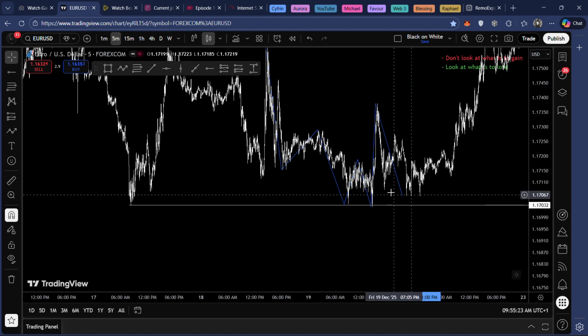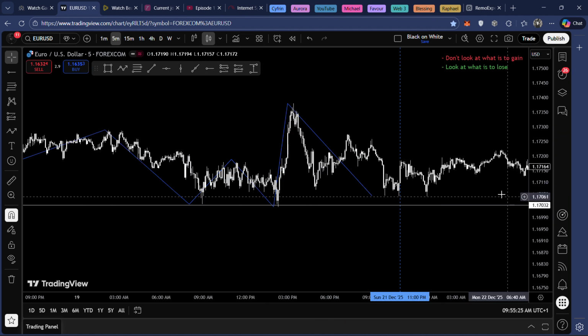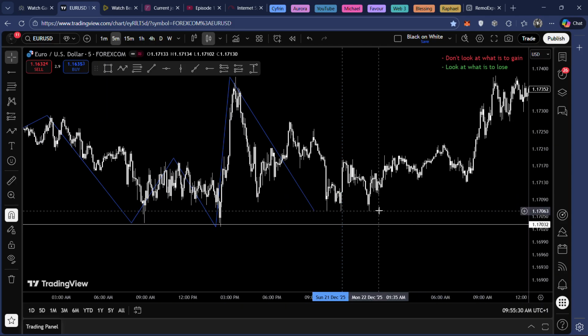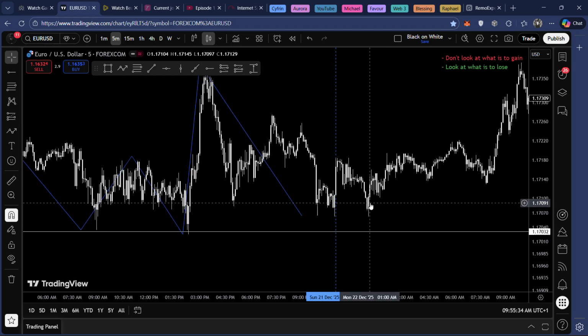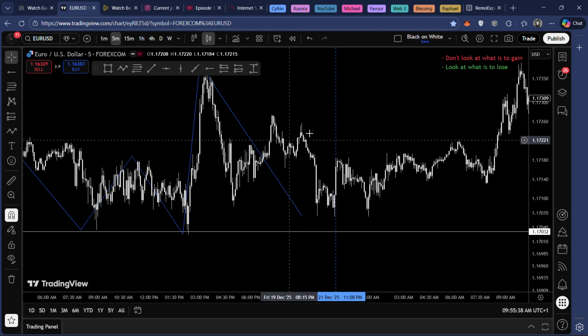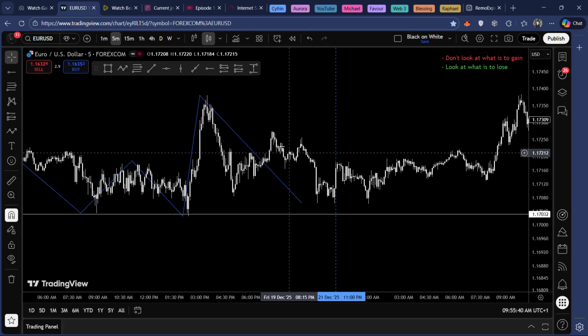So look at the 5 minutes now. Look at what's going on here. Look at what happened here in the 5 minutes time frame. Now we're going down, down, down, down.